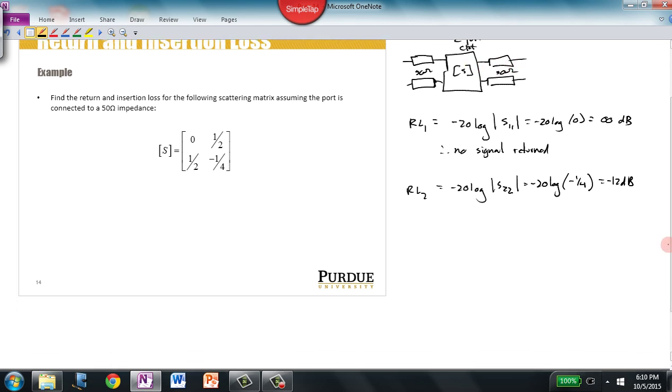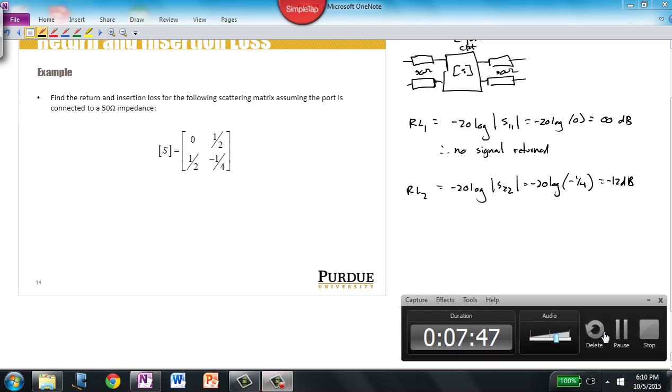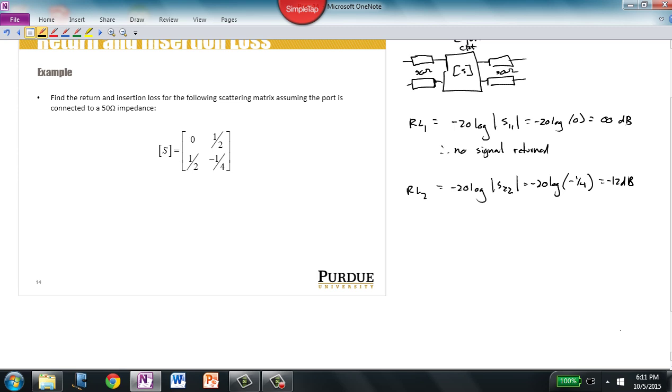Now let's look at insertion loss. Insertion loss, if we're going from port 1 to port 2, the insertion loss is IL21.